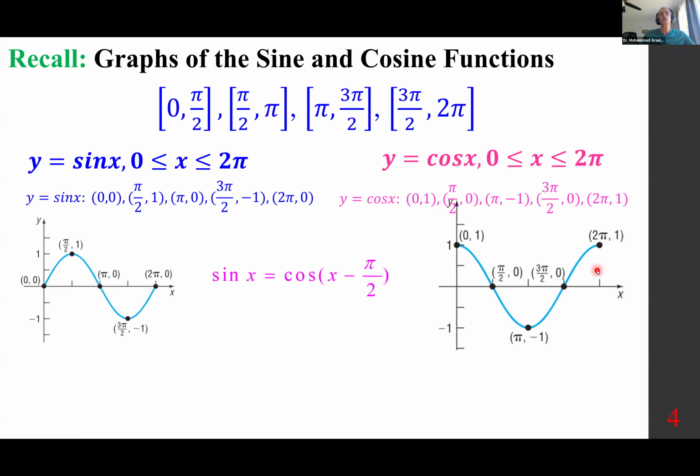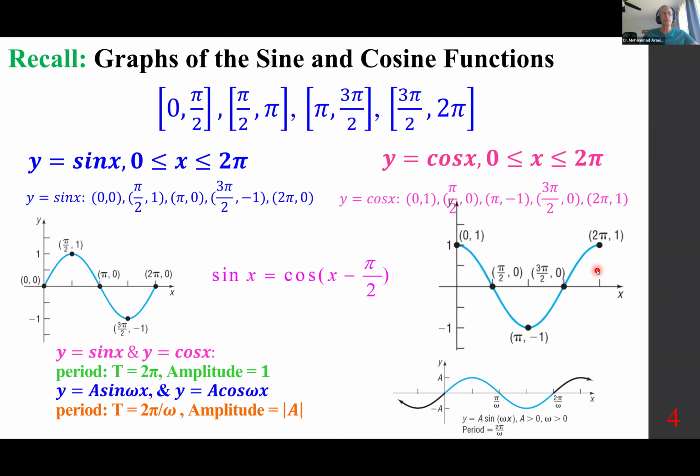Also, sine x is cosine of x minus pi over 2. Finally, in the case of sine and cosine, the period is 2 pi, amplitude is 1. In the case of y equals a sine omega x or y equals a cosine omega x, period T is 2 pi over omega, and amplitude is the absolute value of a.